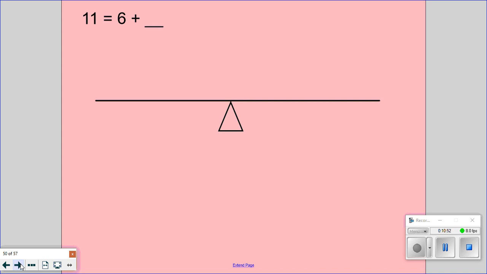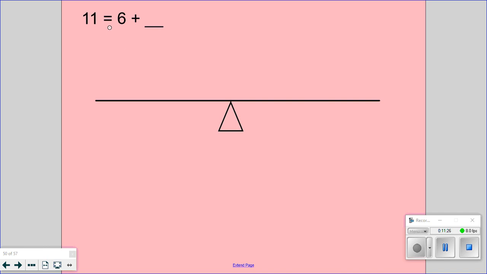Someone read that equation to me in English. Translate that math language for me. Heidi, give it a go. 11 and 6. What does that symbol mean? I know you know it.